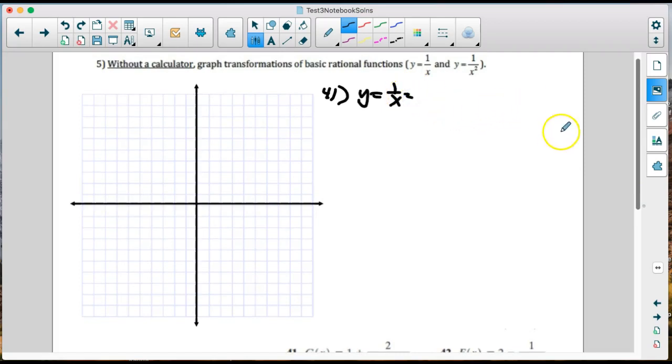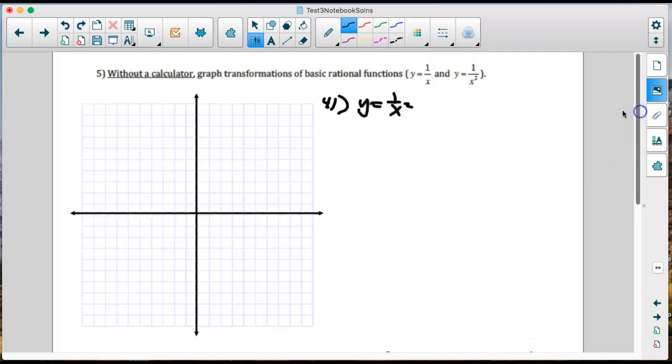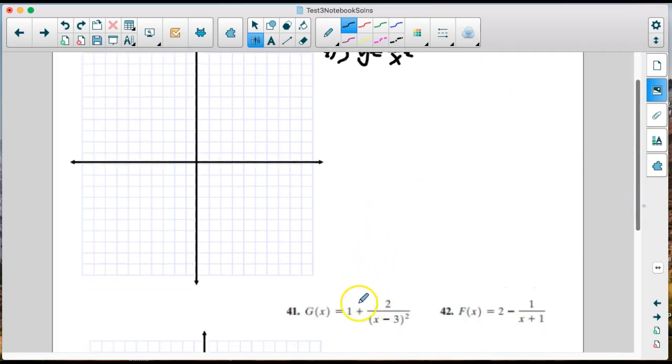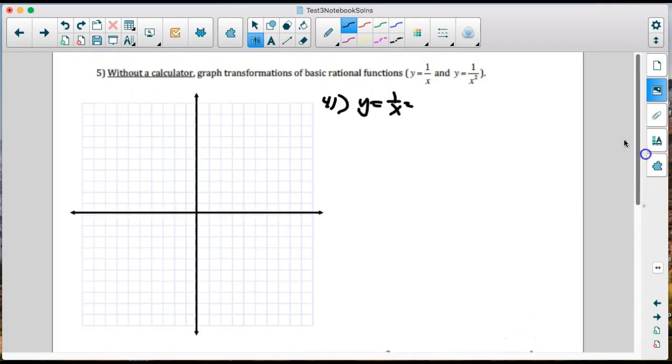So we're going to graph 1 over x squared first and see what it looks like, and then we're going to transform it based upon these items in the problem, how it's been added to and subtracted from, and those types of things, so that we can translate this equation to the new one. The basics here is that this is going to be a hyperbola.